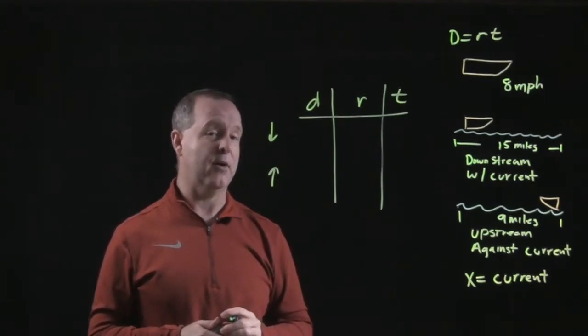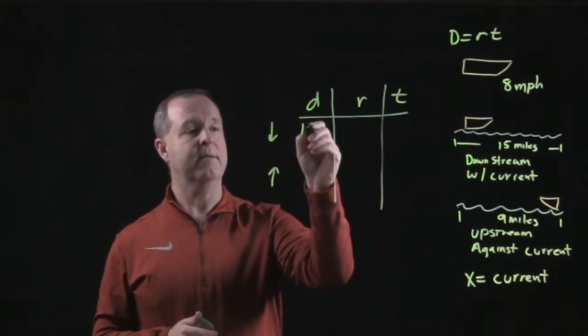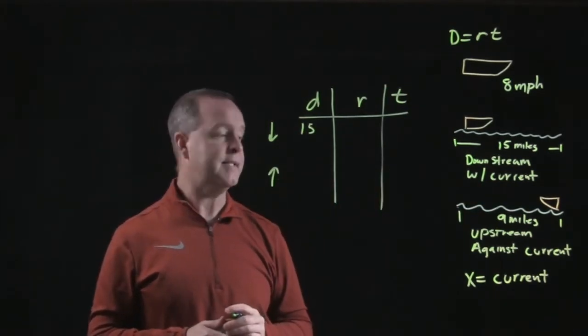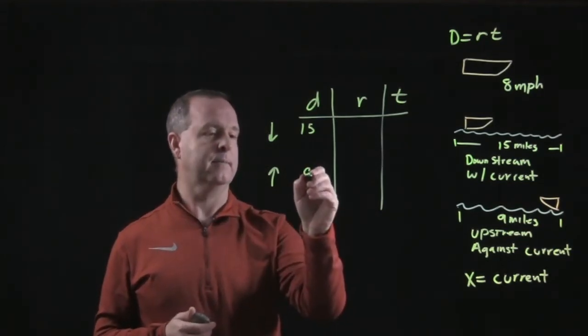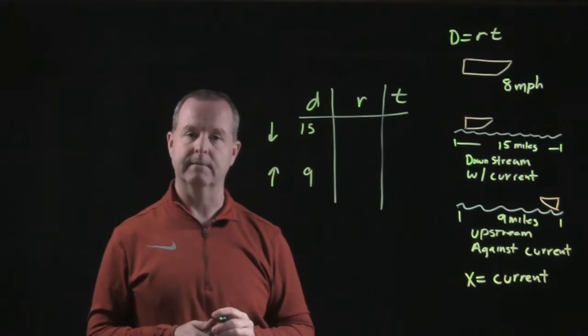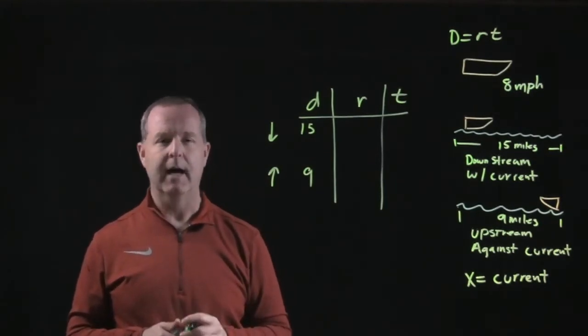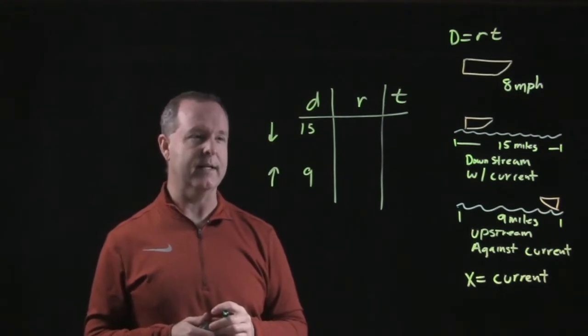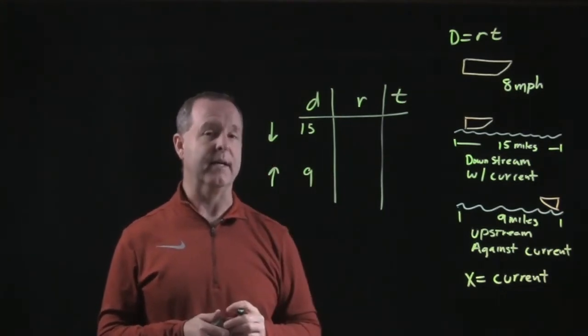The distance that I was able to travel downstream, that was given, 15 miles. The distance I'm able to travel upstream, also given, that was 9 miles. Now the rate's not exactly given. I have to kind of figure out what the rate is. So what do you think the rate that I was traveling downstream is?